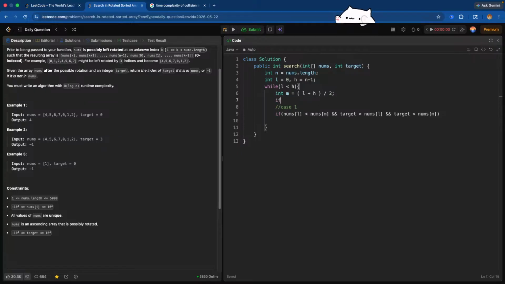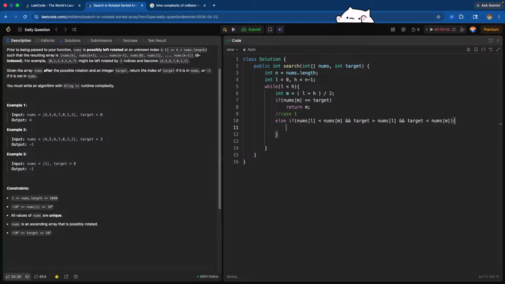The initial case would be if nums of m equals target, we just return m, else if, high becomes mid, else if nums of l is greater than nums of mid. There's an inversion in between. This is higher than the mid value.